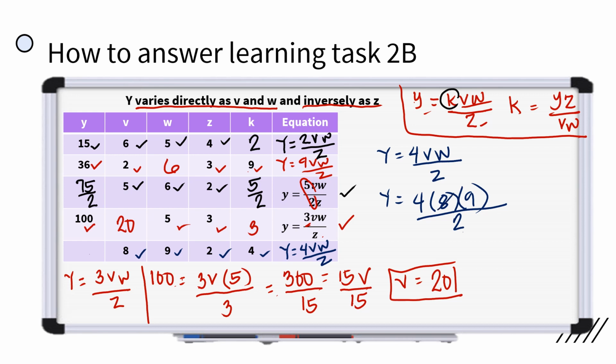So, 8 divided by 2, pwede yung 4. So, 4 times 4, 16 times 9, or 9 times 4, 36 times 4. So, ang value ng y natin ay 144. So, ang sagot natin dito ay 144. So, I hope you learned here para mas masagutan niyo yung ating nasa module.